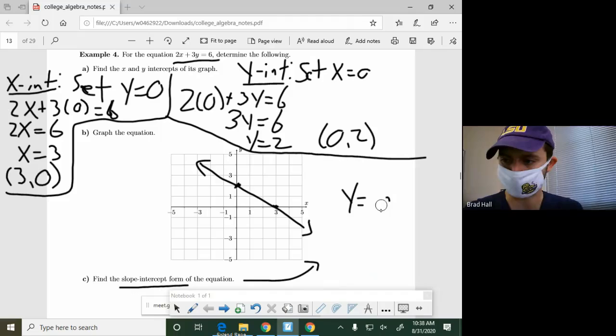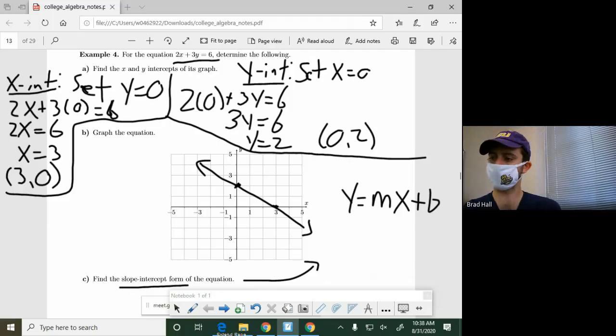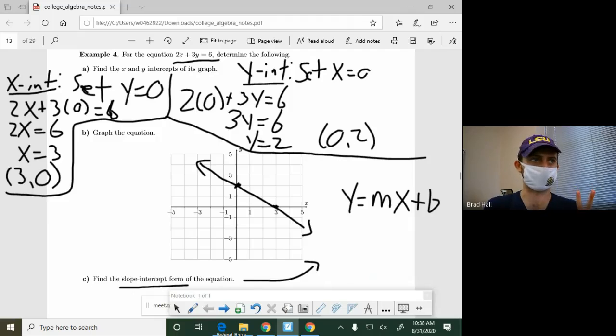In order to determine the slope-intercept form, we need 2 things: the slope and the y-intercept. Well, the problem doesn't give us the slope anywhere, so that means we've got to go find it.